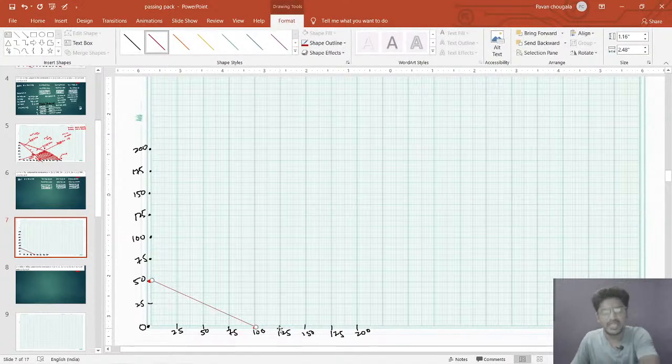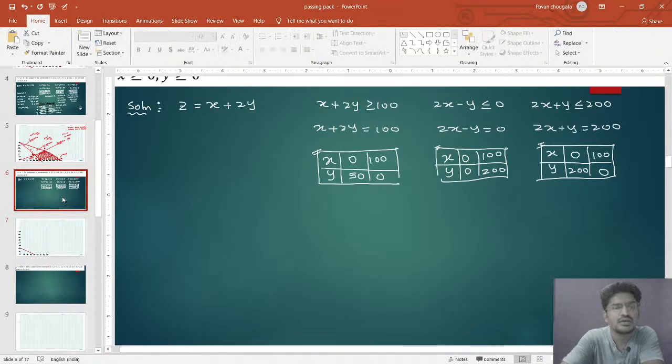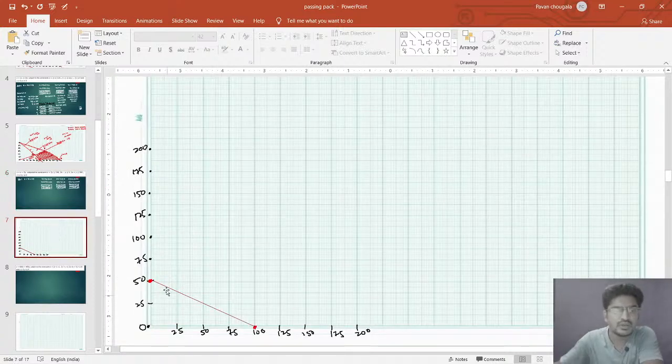Okay, take this line that is from 50 to 100, and the second line you can see that is x is 0, y is 0, x is 100, y is 200.